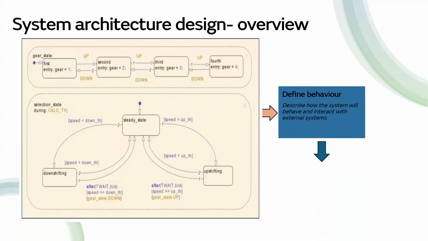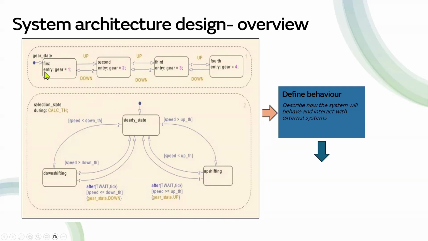In this case, for example, you may define the behavior of the system definition. We sometimes use state flow machines. For example, from here you can see it showcases how you could do the gear selection. This is typical of how gear selection happens in a vehicle.